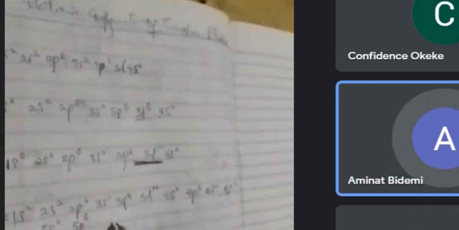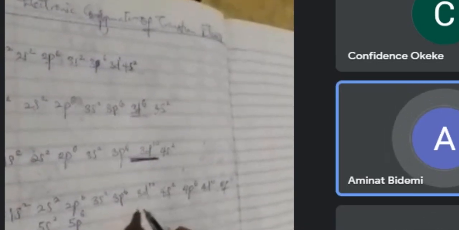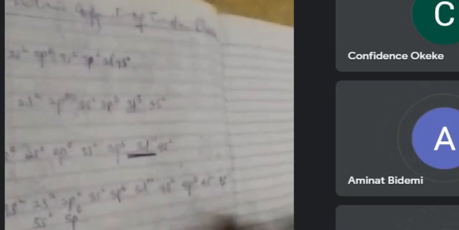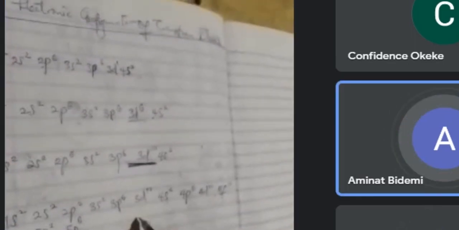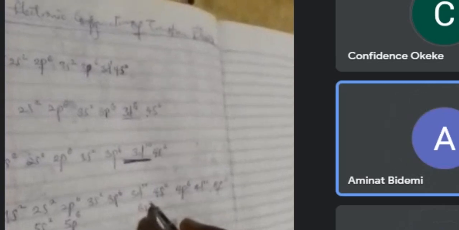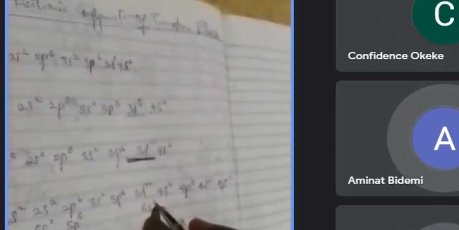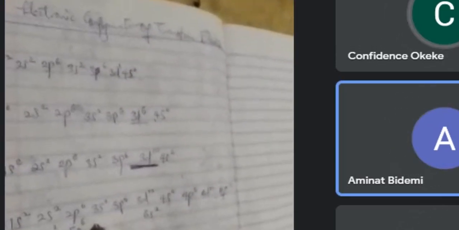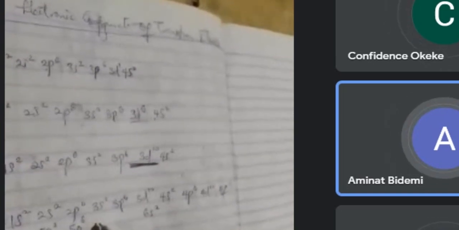After the 5p, I'm going to 6s2, that's 70.